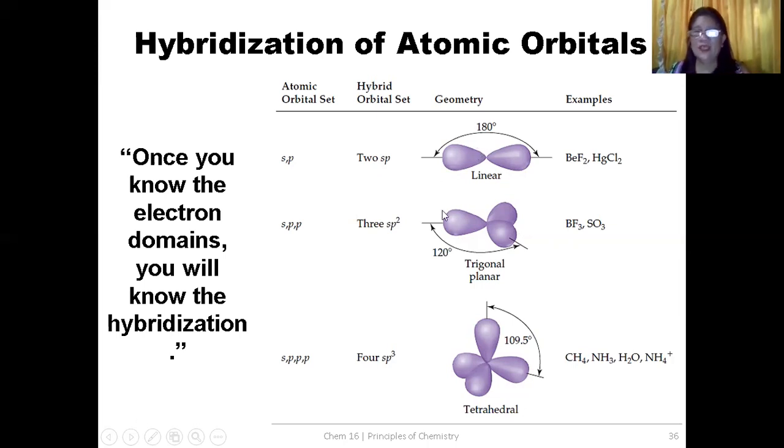One S and your F has two P. So the hybrid orbital set is two sp. It is the same here. Mercury is S, then chlorine is P. Two of them, it will have 2 sp.